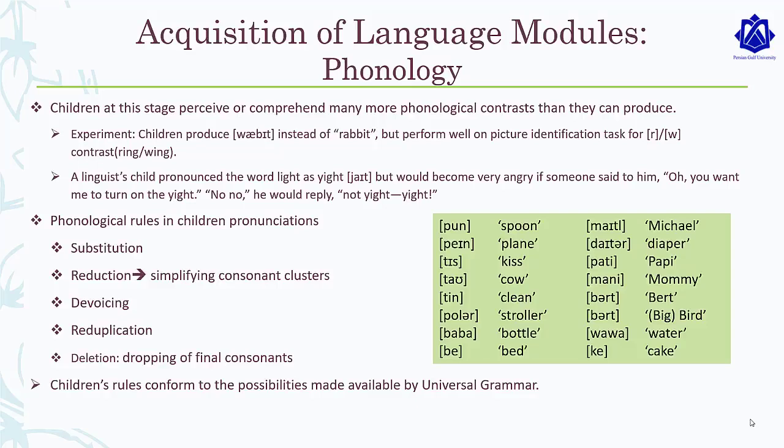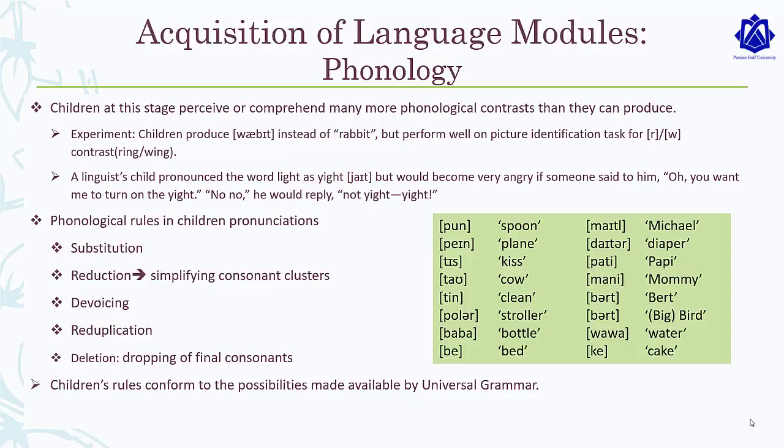So you see that the rules that children follow in their production, in their pronunciation, are the same as what we can see in adult language. In our pronunciations, we make use of all of these phonological rules, and children use the same rules.